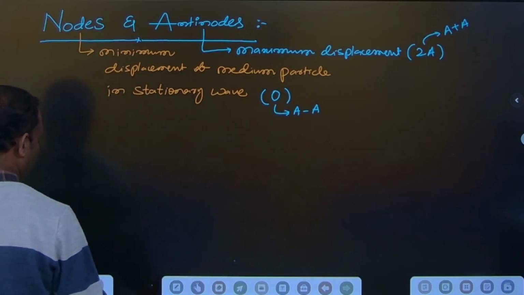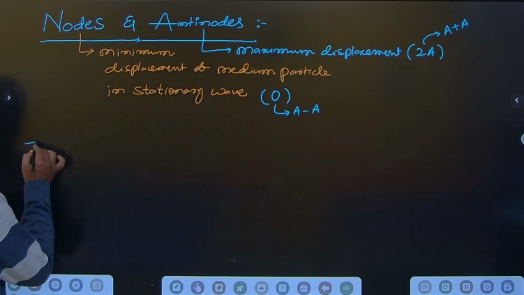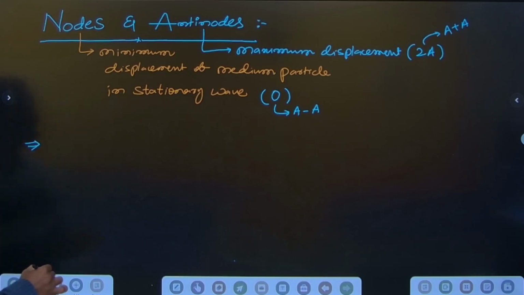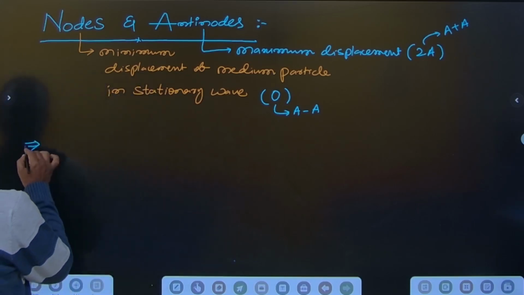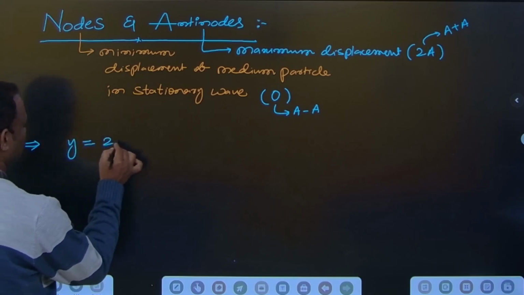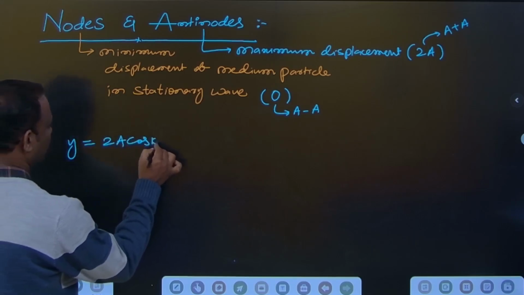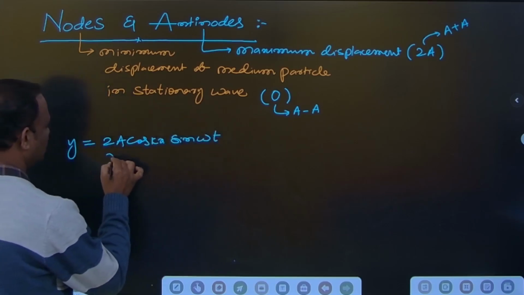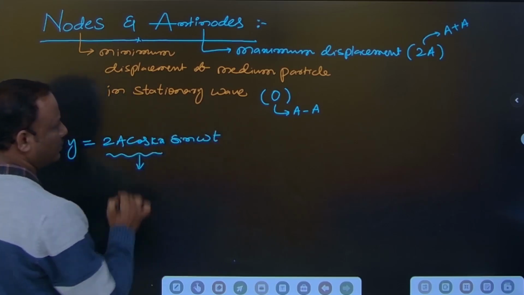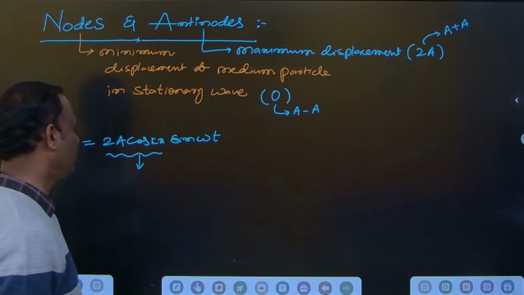So what is the general equation of the wave? The general equation of the resultant wave in stationary waves is y equals 2a cos kx sin omega t. Here the amplitude changes from point to point.